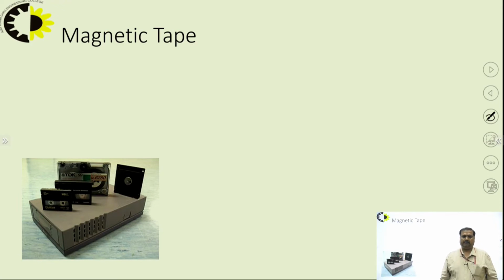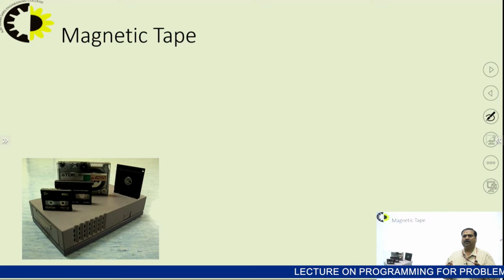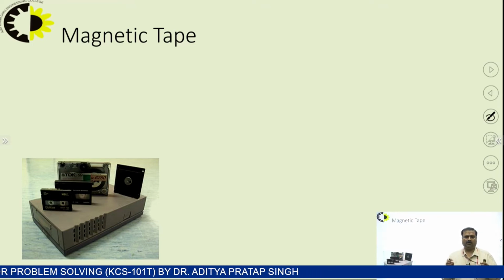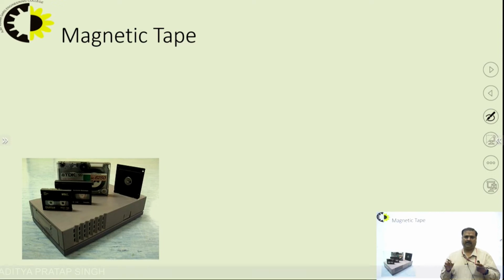Magnetic tapes. Magnetic tapes are a device, something like in the previous era we were having audio cassettes. If some of you remember, there are some audio video cassettes which we can play for some audio video content, and there was a magnetized strip which was holding the data.